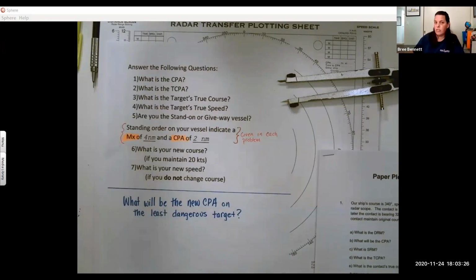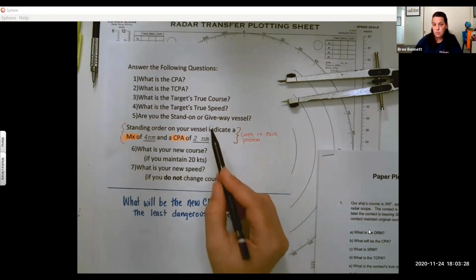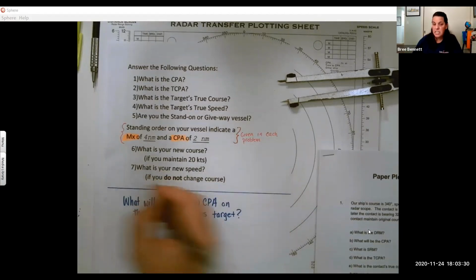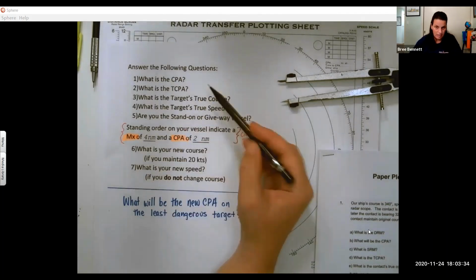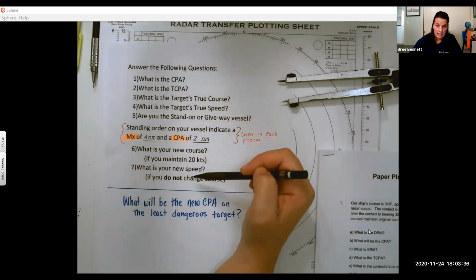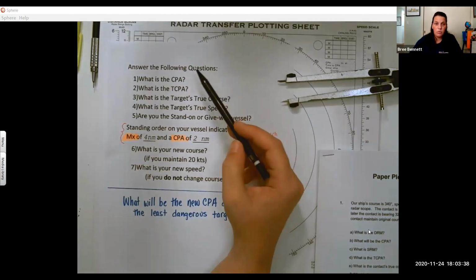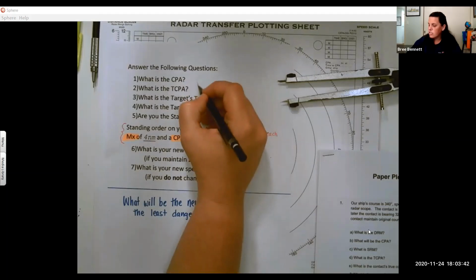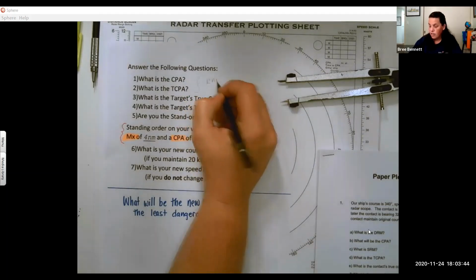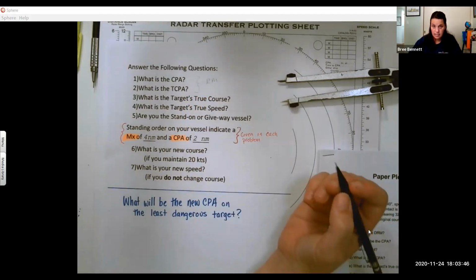Anyways, as far as the quizzes go, I wanted to share. The quiz that we had last week was single contact, and it was this format exactly. What is the CPA and time of CPA? This has to do with your R to M, your relative motion line.